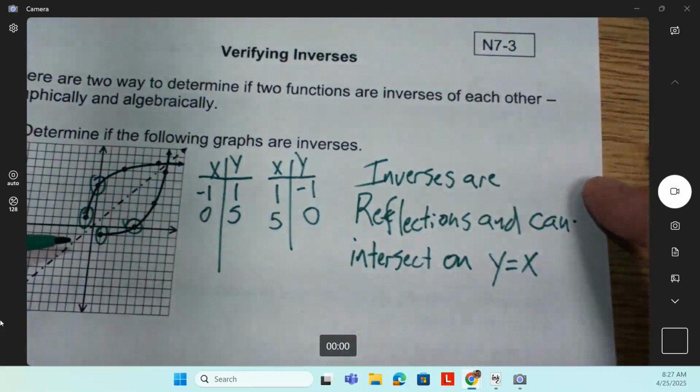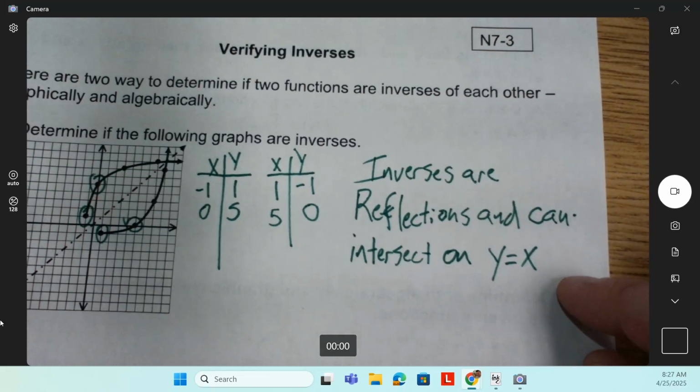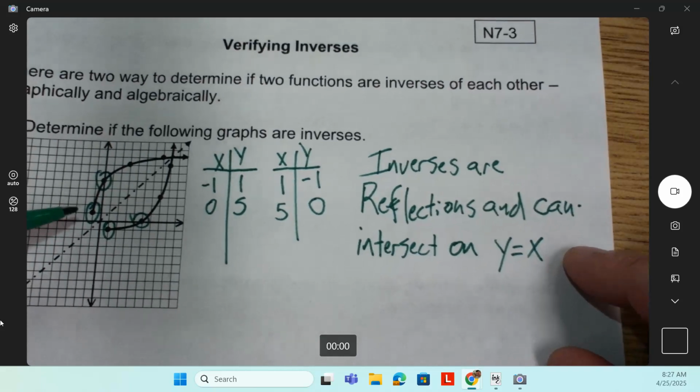So they'll reflect across this and intersect on the line. Doesn't mean that they have to intersect on that. It just means that they could.